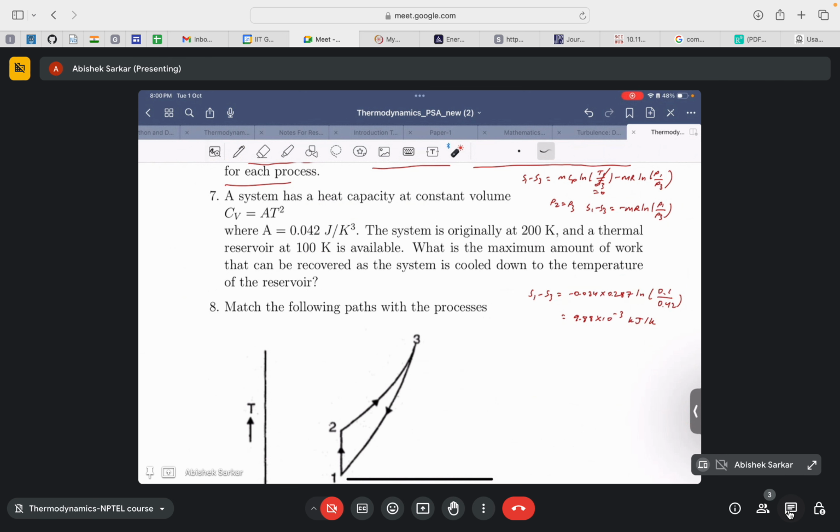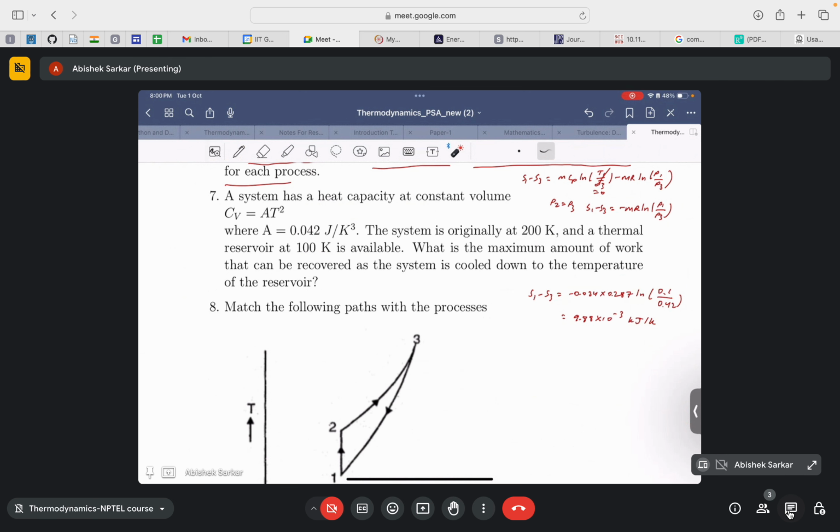So now I hope the question is clear. Is the question clear? A yes or no would be fine. Then I can directly go to the solution. Is the question clear?